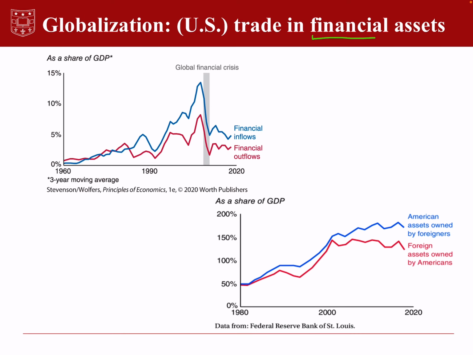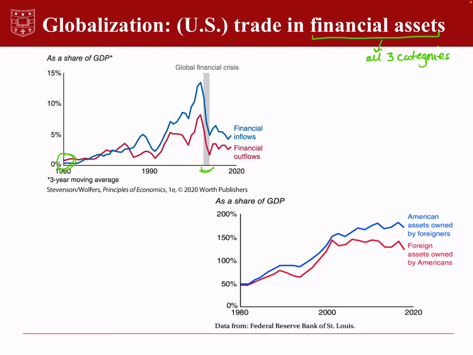So this is all three categories from the previous slide. So for the US, of course, we went from having very little trade in financial assets 60 years ago to a fairly steady increase, of course, with the 2008 recession, a pretty big drop in trade for inflows and outflows, but a leveling out since then.